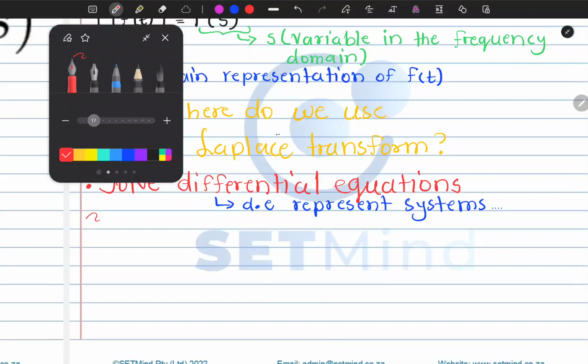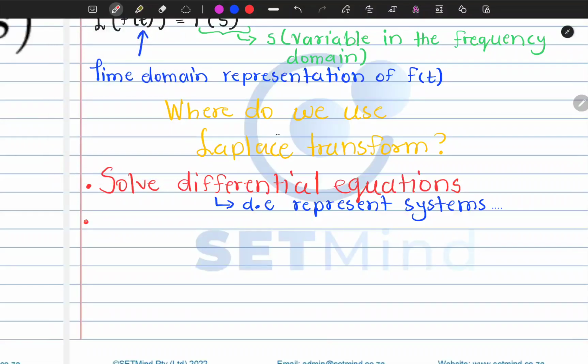Another application in which we usually use the Laplace transform is to perform convolution of two functions, because in the frequency domain, convolution, as you will see, just means taking the Laplace transform of the respective functions and then multiplying them. Then you find the inverse, and that would be the convolution of the two functions.